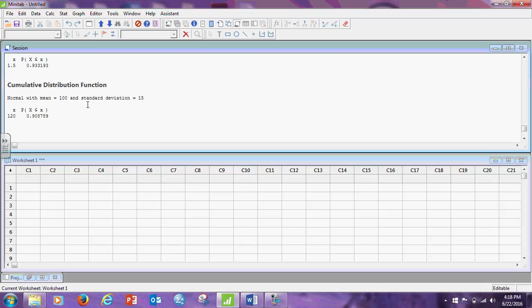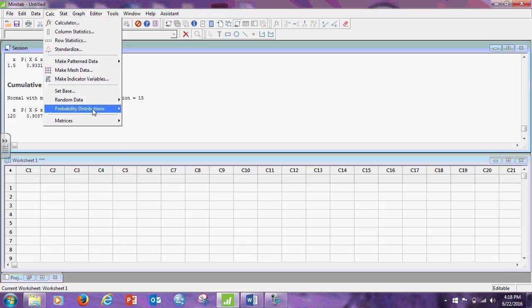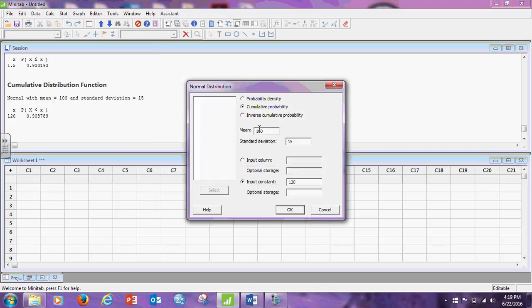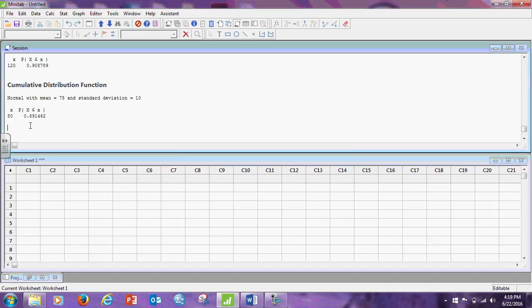Now, if we're looking for a value greater than, let's remind ourselves how to do that. Probability distributions, normal. In part C, we have a mean of 75 and a standard deviation of 10. And we're looking for a value greater than 80. So this is the probability of a value less than 80.